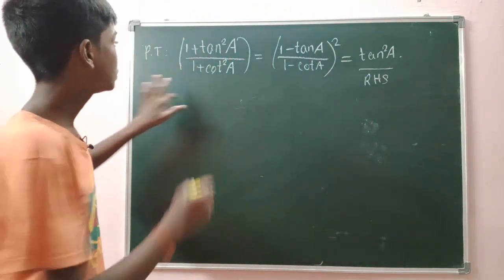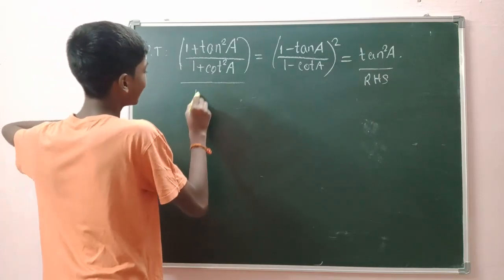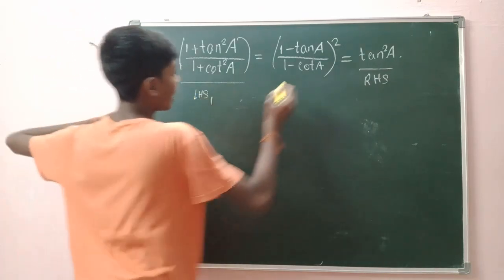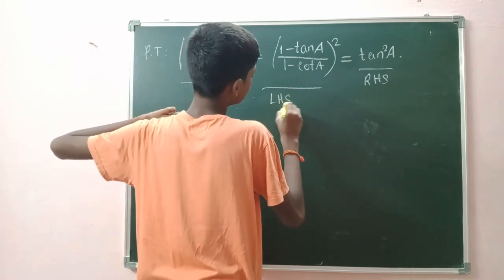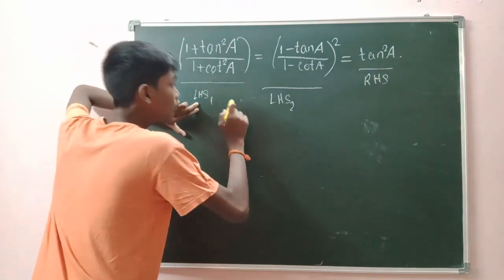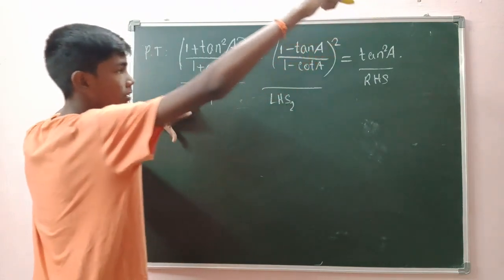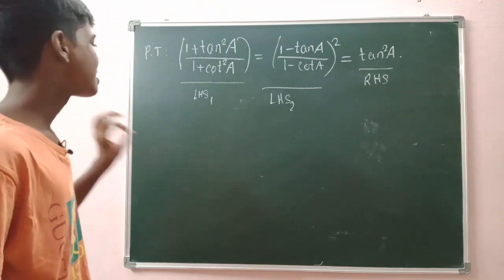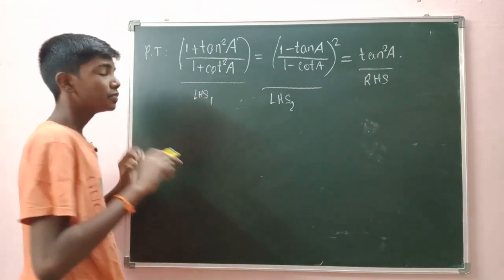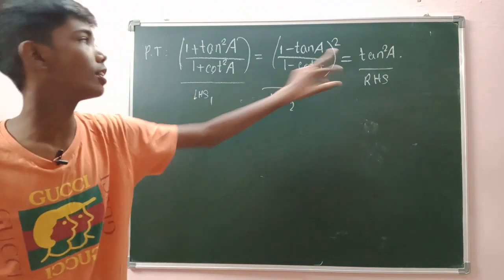Let this expression be LHS 1 and let this expression be LHS 2. So LHS 1 is equal to LHS 2 is equal to RHS. That is something we are supposed to prove here. People, this is a very easy one, it's very easy to prove that LHS 1 is equal to RHS.